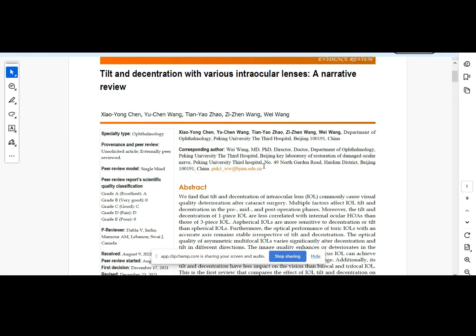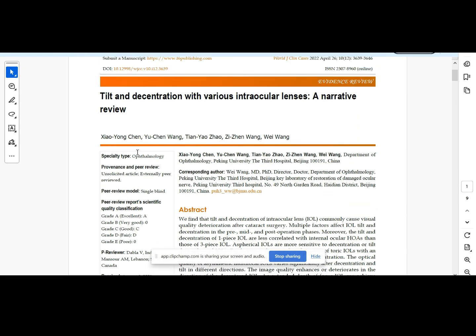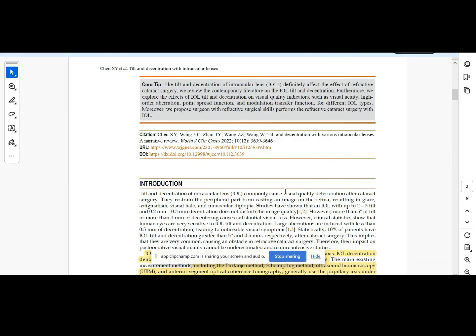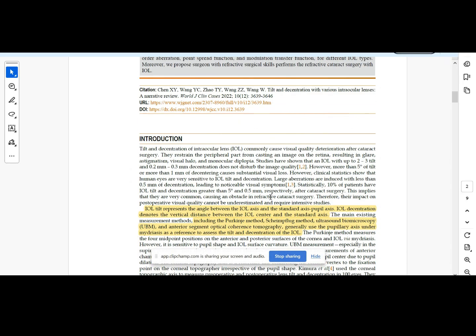Here I will take the help of this study by Chen and co-authors, wherein they start out by differentiating between tilt and decentration. While tilt is an angular difference between the IOL axis and the standard axis or pupil axis, decentration is a distance, a chord distance, a vertical distance between the IOL center and the standard axis.